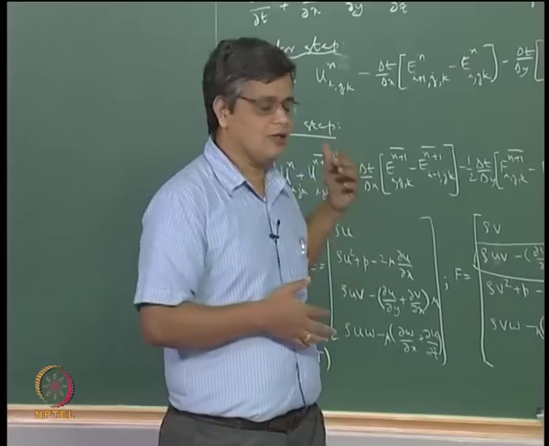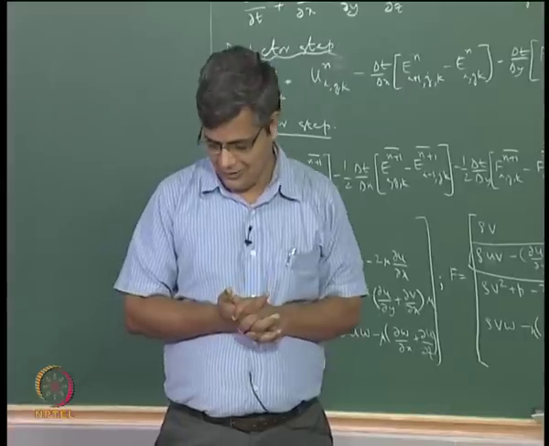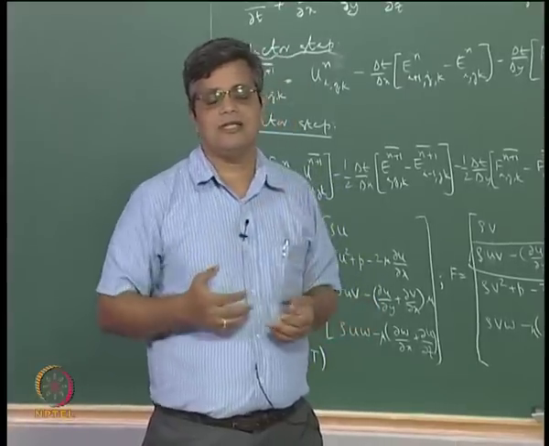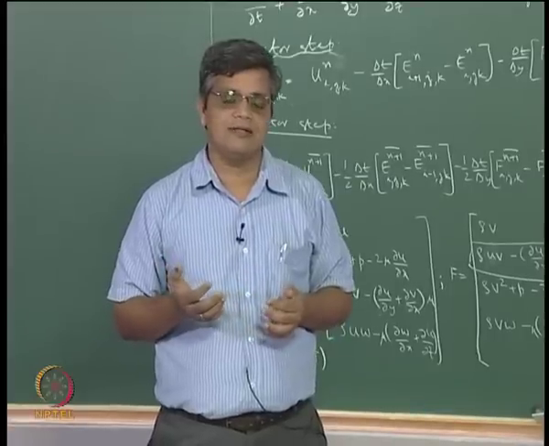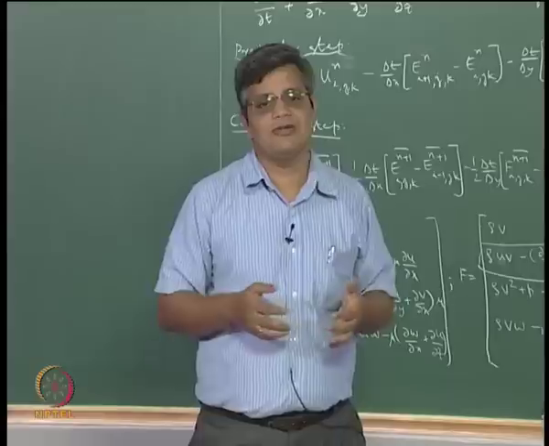So what is the overall stability condition of this method? It is not easy to evaluate, and as we go to more and more complicated things, the stability condition can be evaluated either heuristically or empirically. It can only be estimated.